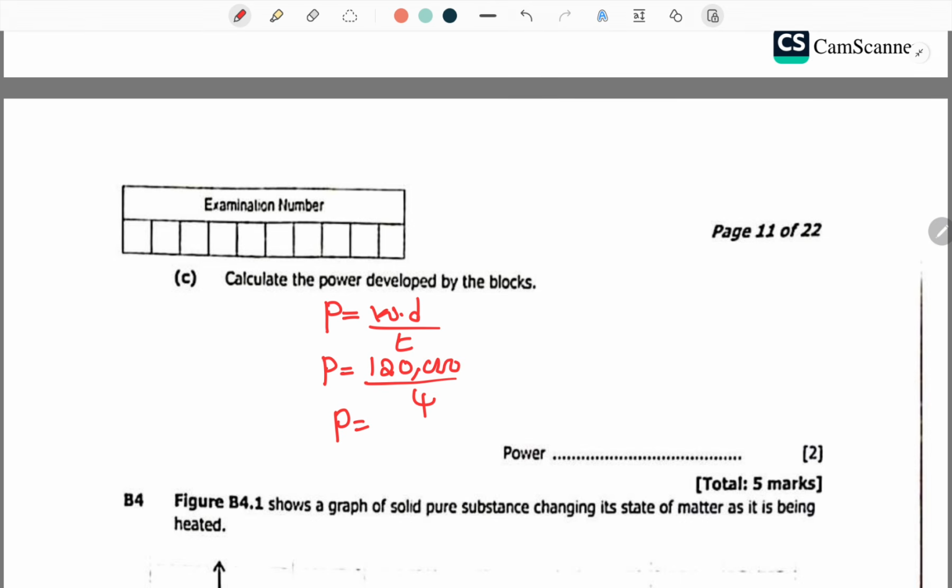Let me check, the time given was 4. So I get something like 30,000 watts. Okay, that is our power output. I can put my 30,000 here. Watts.